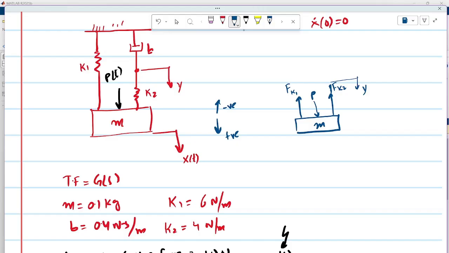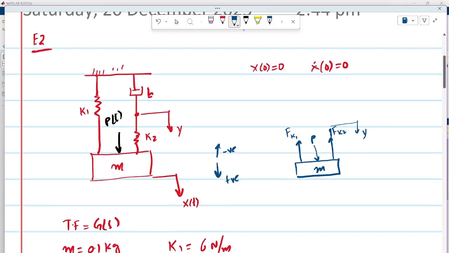If you draw the free body diagram for this node, since Fk2 is acting in this direction for here, by Newton's third law it will be acting in the opposite direction for this one, and if it is acting in this direction for this one, the damping force will be acting in the opposite direction, Fb2. So here it shows that the second spring force equals the damping force.